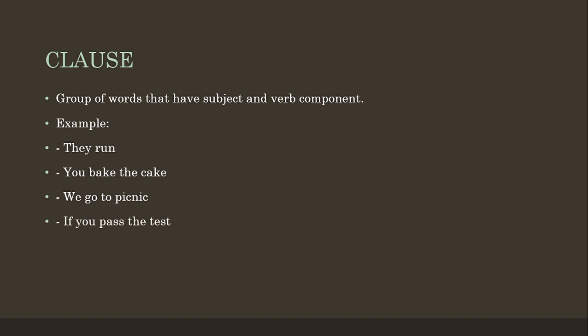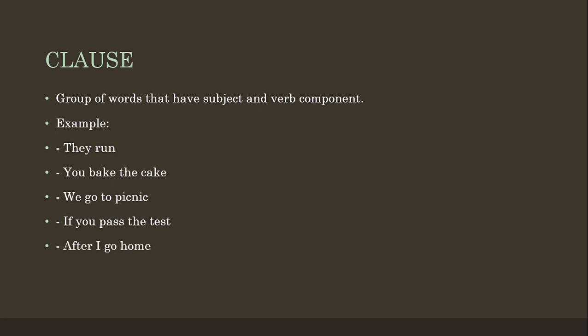If you pass the test. If you pass the test, you see the conjunction if, and then you pass the test. You is the subject. Pass means verb. So if you pass the test is a clause. After I go home, where is the subject and verb?